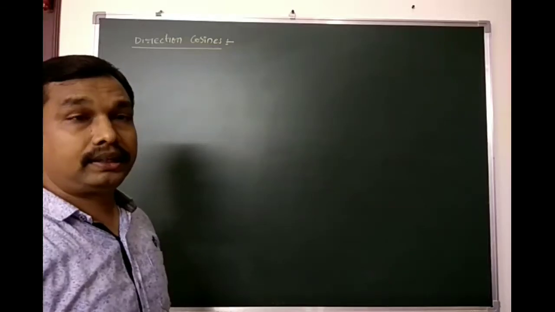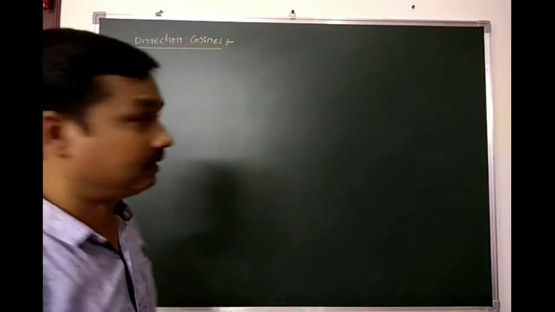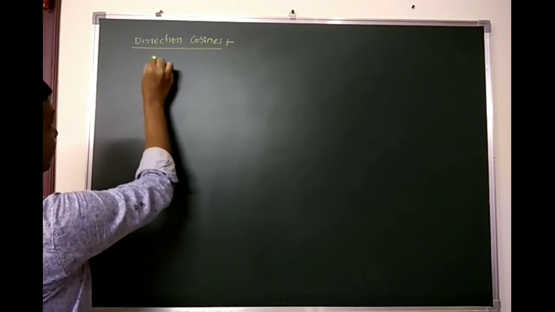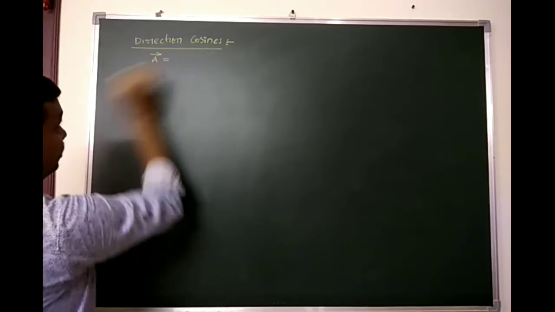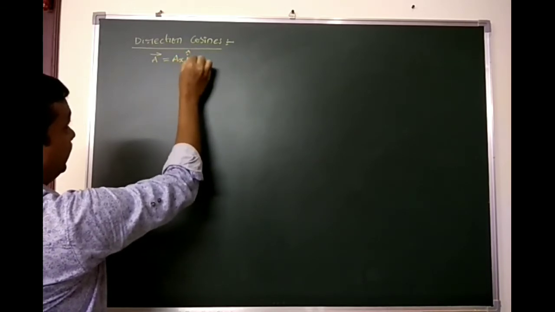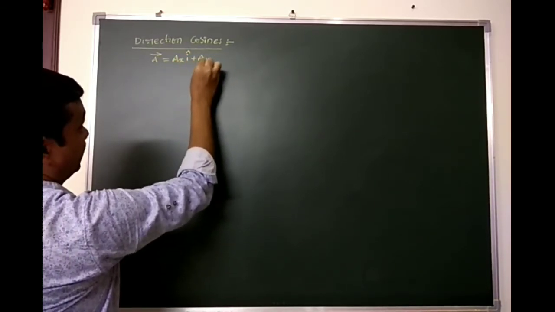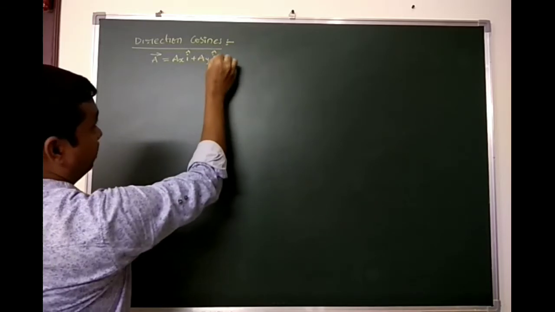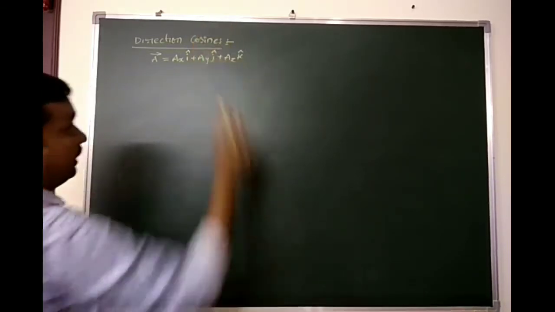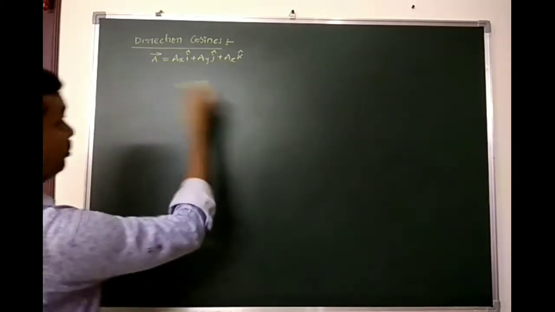Coming to the next topic, direction cosines. Here, for example, we are taking a vector A bar in three dimensions: Ax i cap, Ay j cap, Az k cap. What is the magnitude of this?